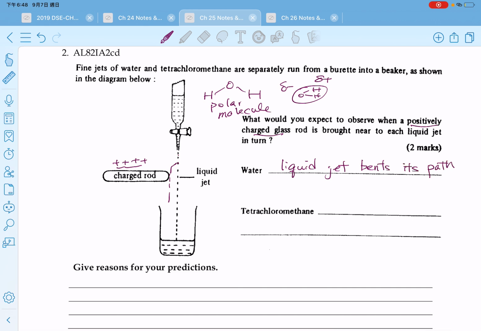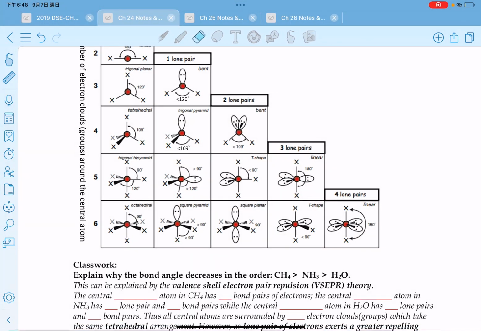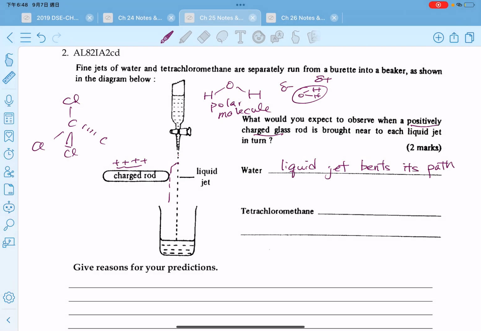Next, if it is tetrachloromethane, take a look at the shape of the molecule. It is completely symmetrical. As a result, the polarities of the polar bonds cancel each other, so it is a non-polar molecule.